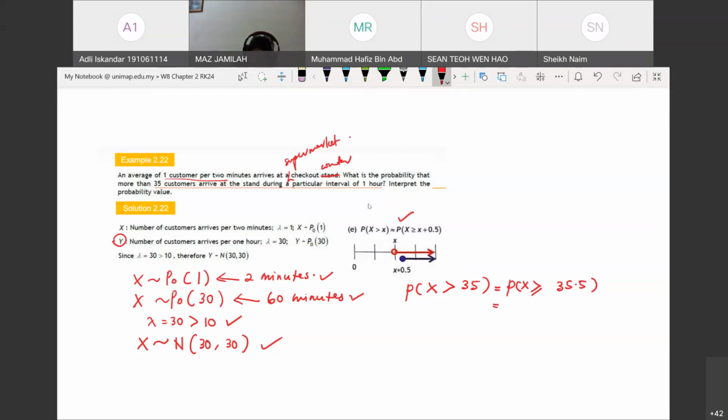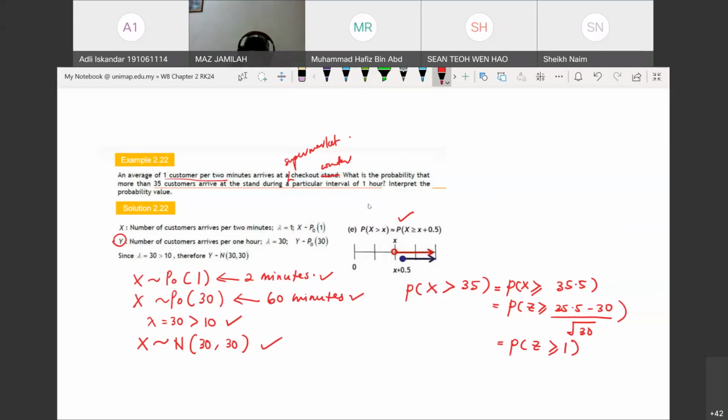Then do the transformation to standard normal. So P(Z greater than or equal to (35.5 minus 30) divided by the standard deviation, that will be square root of 30). Okay, so you will get P(Z greater than or equal to 1), so greater than or equal to 1.